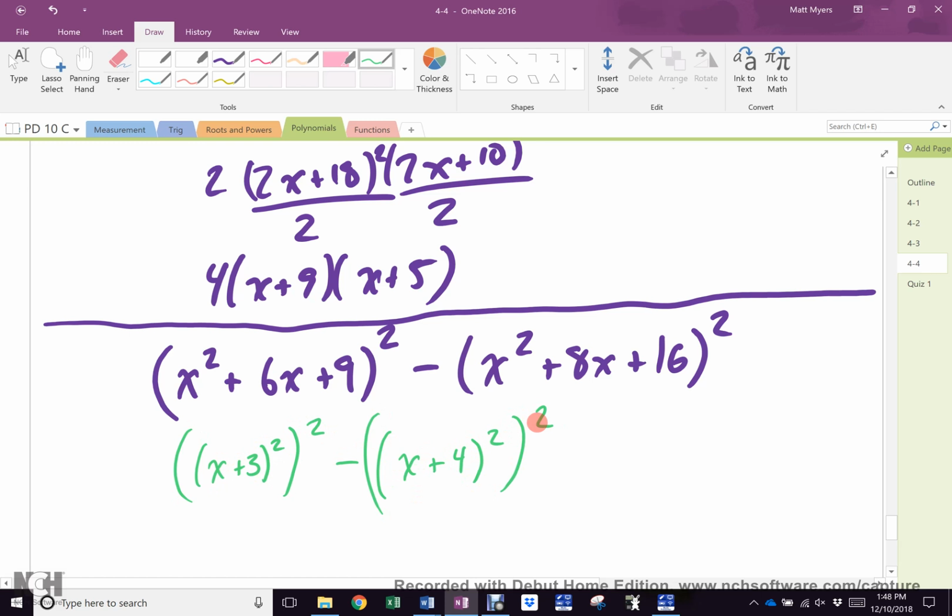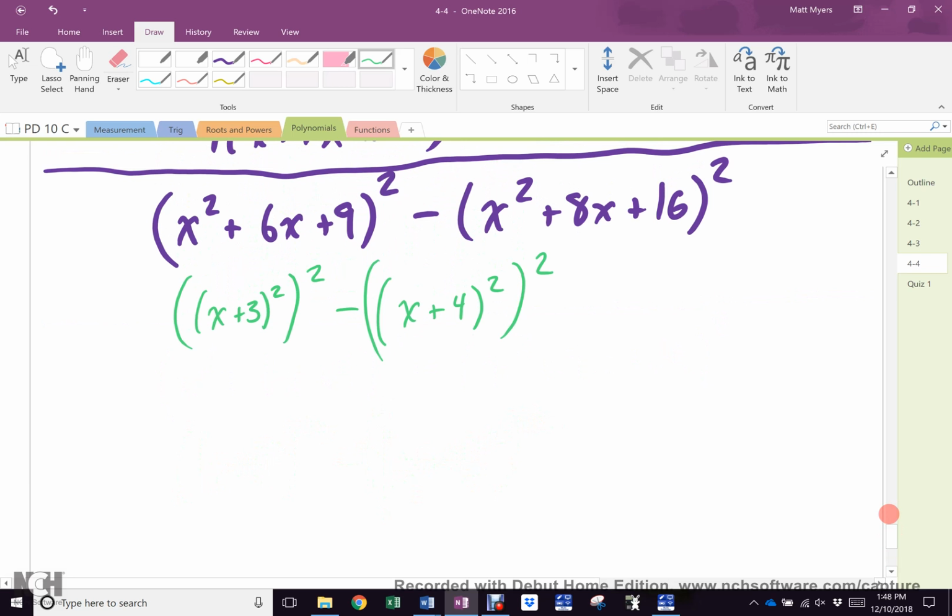Yeah? Right? Which is x plus 3 to the 4th minus x plus 4 to the 4th. Right? This is making my eyes hurt. Right? Now you're going to notice something here, I hope.